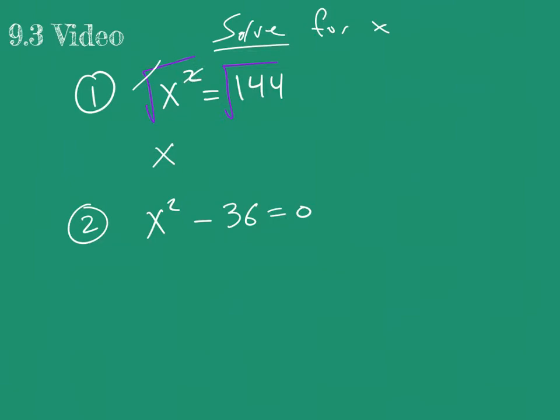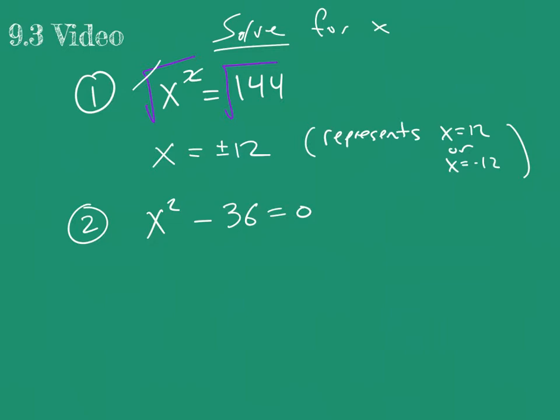So I get x equals, and we said it could be positive 12, it could be negative 12. So we write this little symbol called plus or minus. And what that represents is x equals 12 or x equals negative 12. So we can be a little efficient in the way we write it: just plus or minus 12.